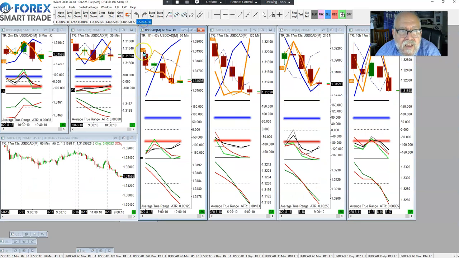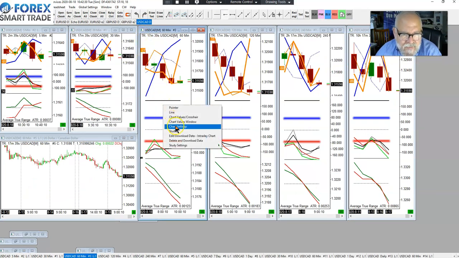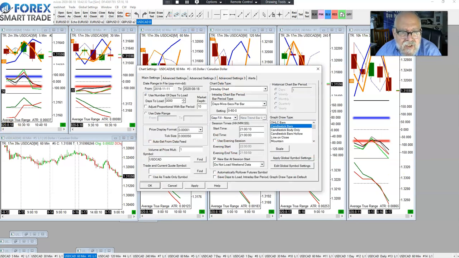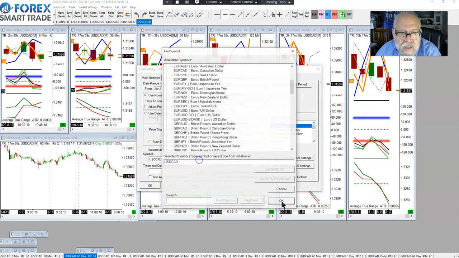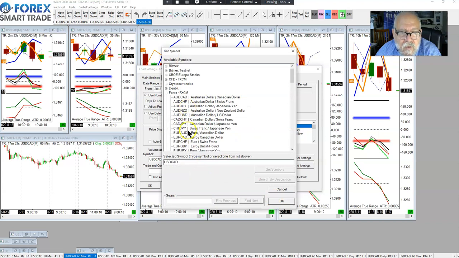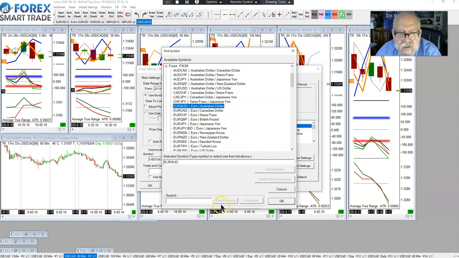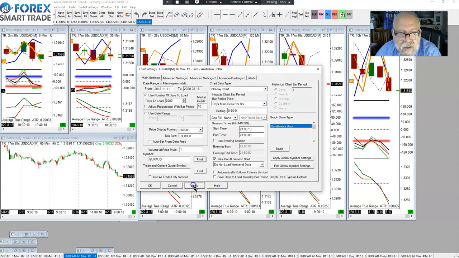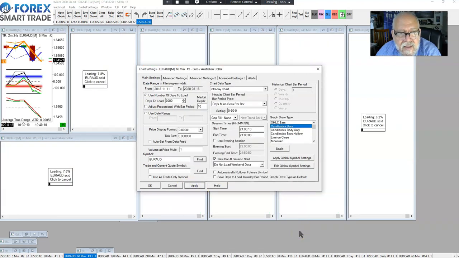Euro AUD. I know I haven't traded that, so I'm just going to take this existing chart and change it to Euro AUD. I go to symbols. All of my charts are linked, so I click OK. I click Apply, and it should update all of these.